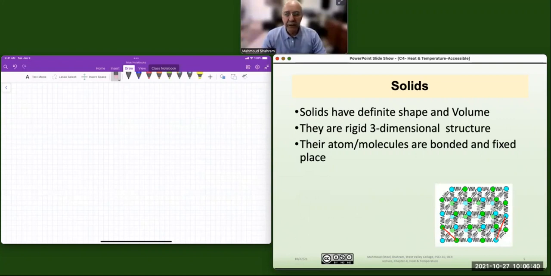When you look at the solid, it has a definite volume and shape, a three-dimensional volume and shape, and the atoms and molecules in the solid are fixed in place. However, they constantly vibrate with respect to each other because there are forces involved there, and the temperature of that solid provides energy for them to vibrate and move in place.